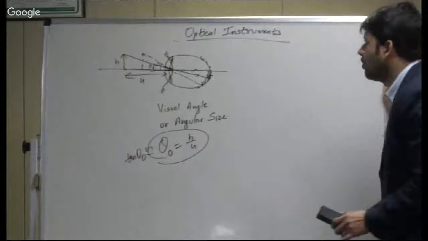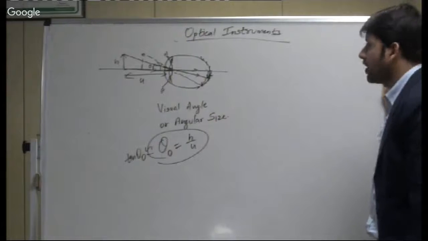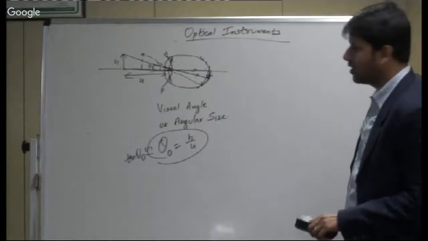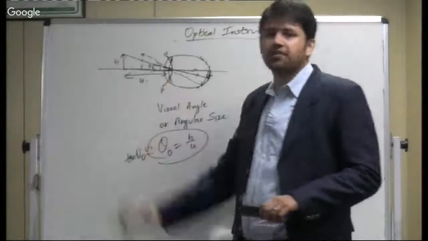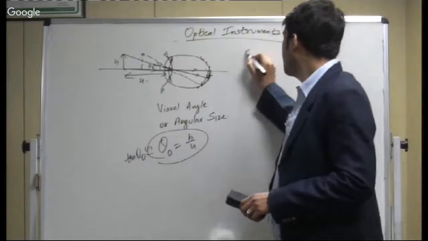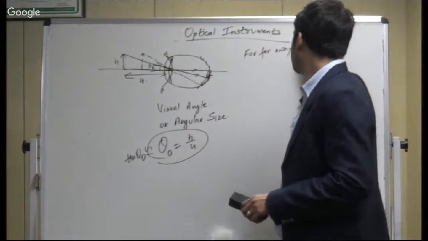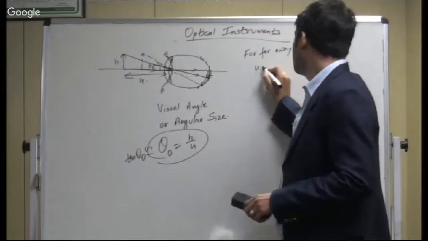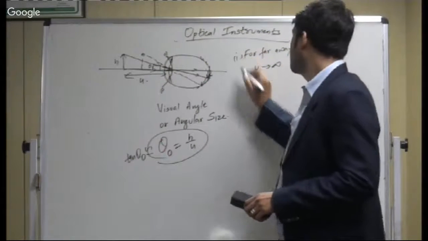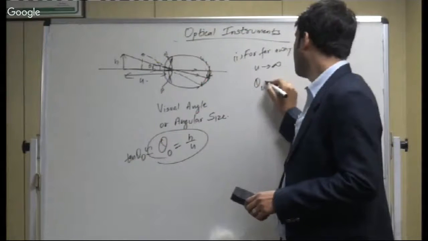Let's see what is the visual angle for naked eye. When an object is placed at infinity, so u tends to become infinity. So for far away objects, u is infinity, and so visual angle will tend to 0.